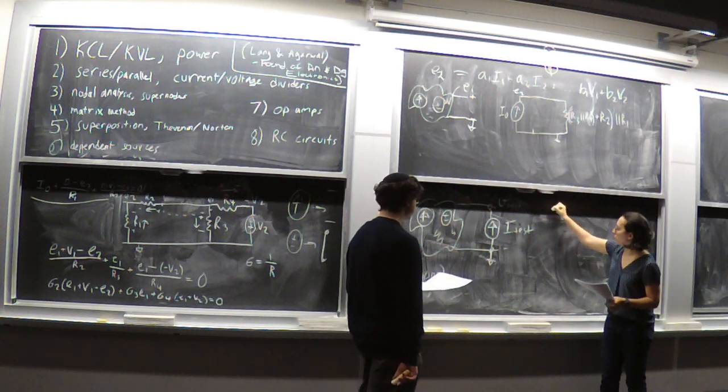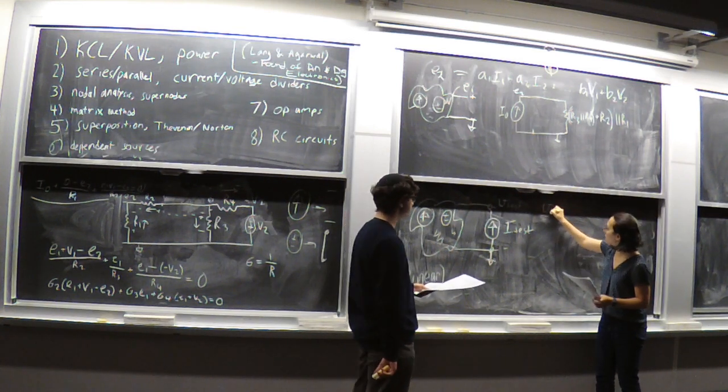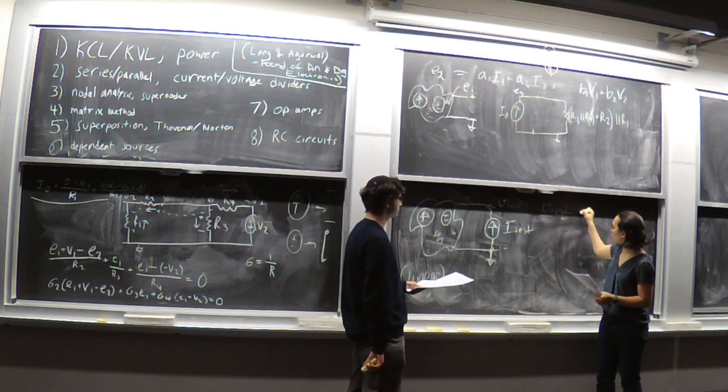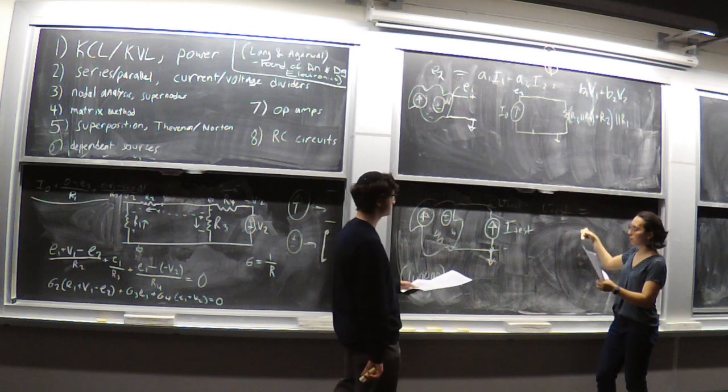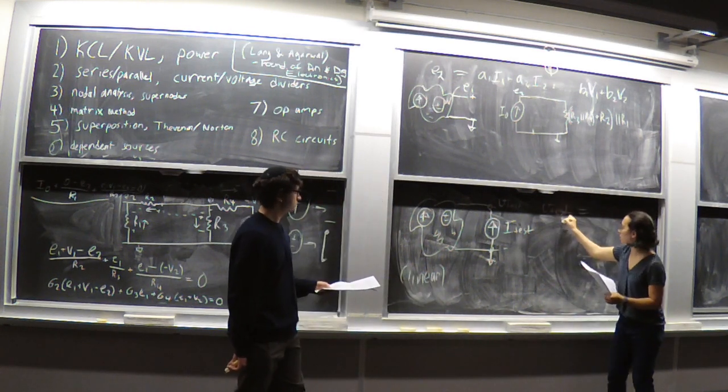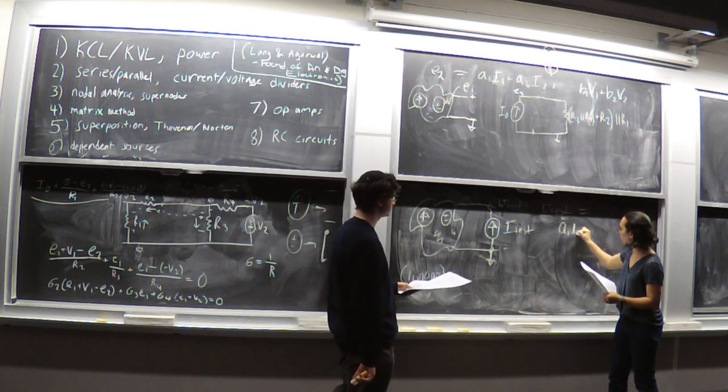What we're doing is applying linearity, or superposition, and we know that ultimately we're going to be able to say that V test equals, it's proportional to our first current source, so some A1 times I1.